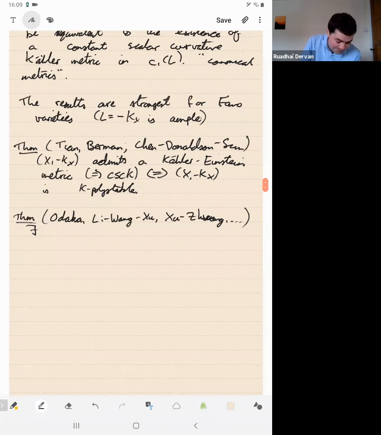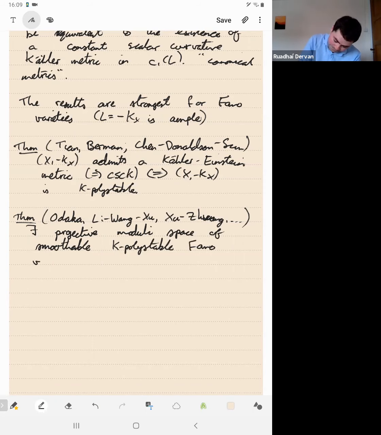But the ultimate answer is that there exists a projective, separated moduli space of smoothable K-polystable Fanos. So smoothable comes in essentially because these results used analytic techniques apart from the final one, namely the projectivity.